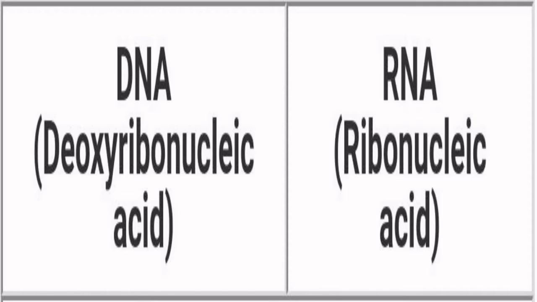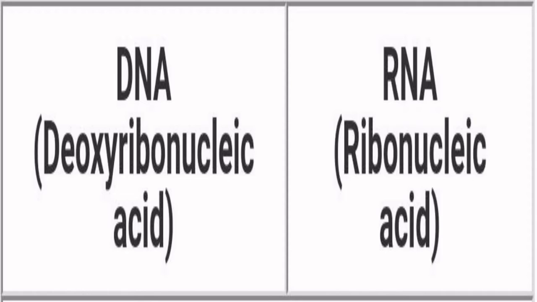The second component of a nucleotide is a 5-carbon sugar, which is different in both. In DNA, it is known as the deoxyribose sugar, while in RNA, it is the ribose sugar. In DNA, the 2-deoxyribose sugar has only an H group, that is, the oxygen atom is missing from the second carbon, while in ribose, the group is a hydroxyl group, OH.